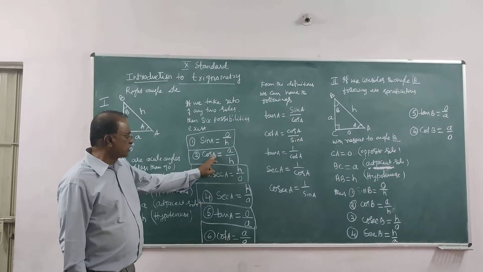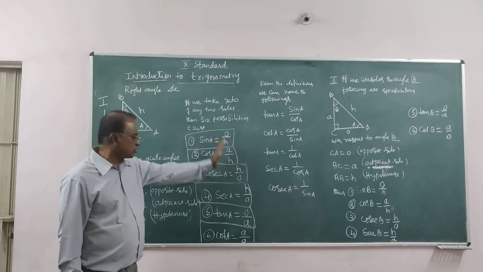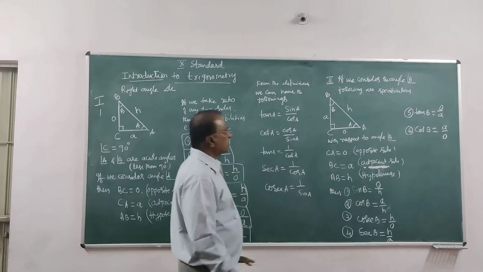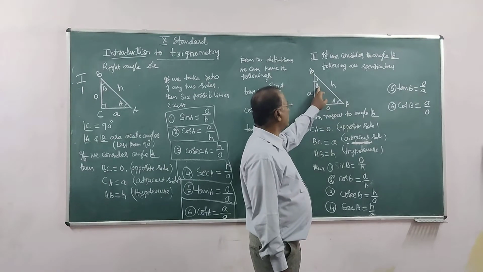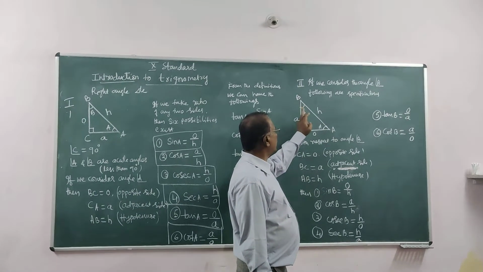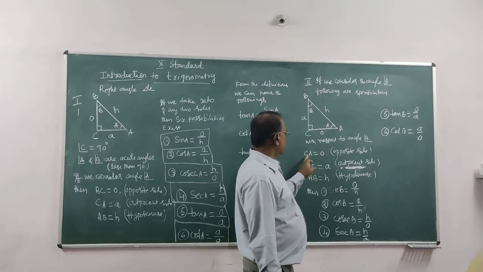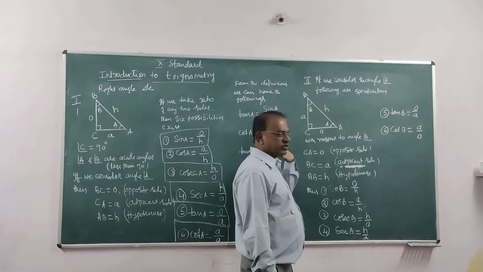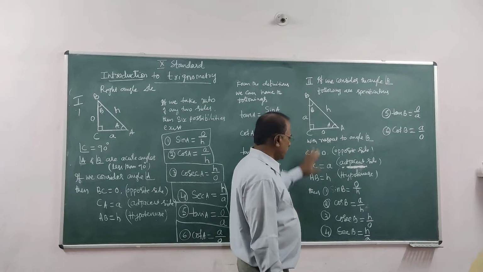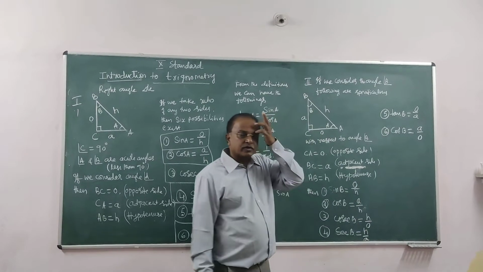If you consider this as the angle, these are the ratios. If you consider the other way, that is also possible. With respect to angle B, this becomes O and this becomes A. The definitions remain the same, but the opposite and adjacent sides are different.